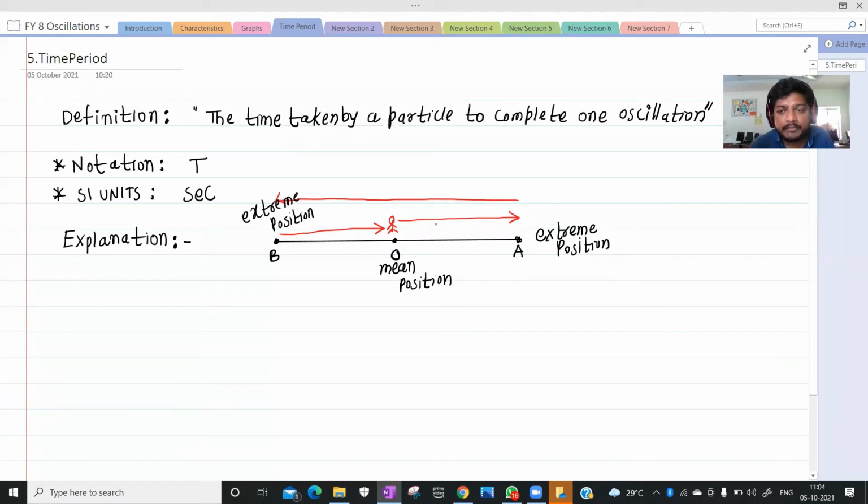The time taken by a particle to travel from O to A, back to O, to B, and again B to O is one complete oscillation. Similarly, if the particle is at A, the time taken to go to B and again back from B to A is also a time period.